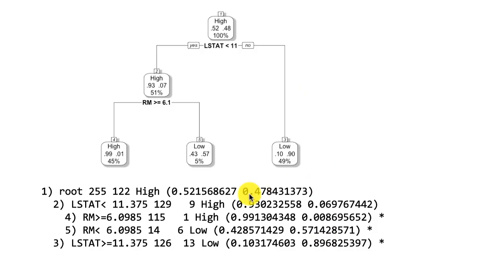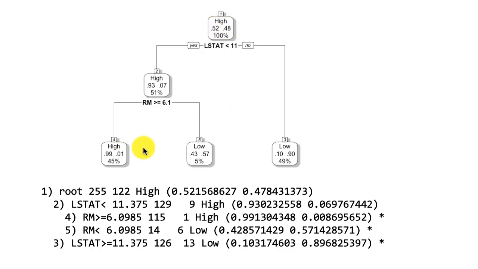So first of all, if you look at the graphical output, we already know that within every node, the majority case in the node is noted. So for example, in the root node, high are in the majority. It is in these two nodes as well, whereas in these two nodes low are in a majority. Okay, and then it gives you the proportions of the different classes.